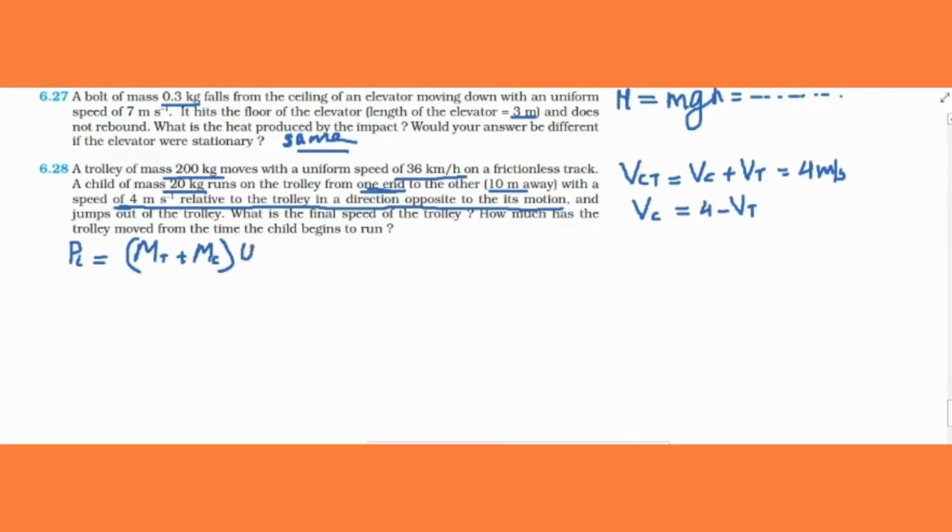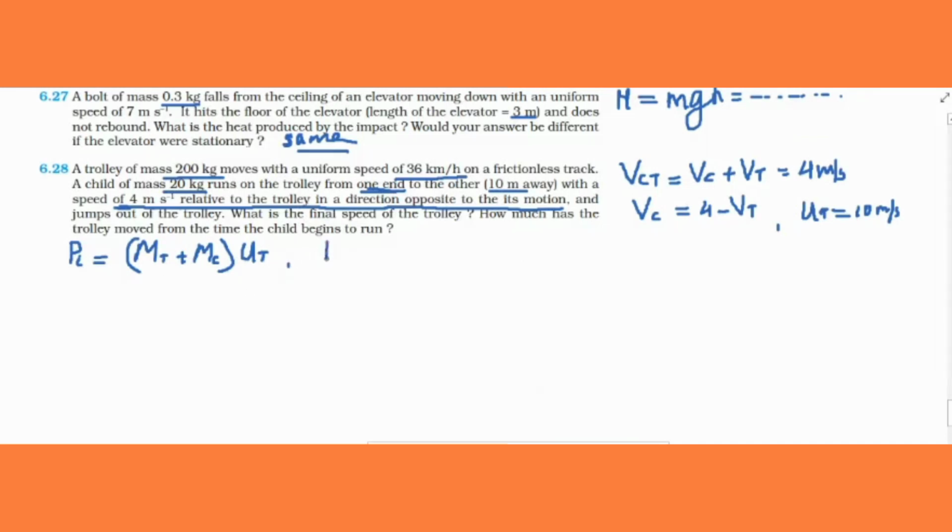That 36 km per hour I'm going to take as ut. So here ut is equal to 10 meter per second. That means 36 km per hour. That is the initial momentum.